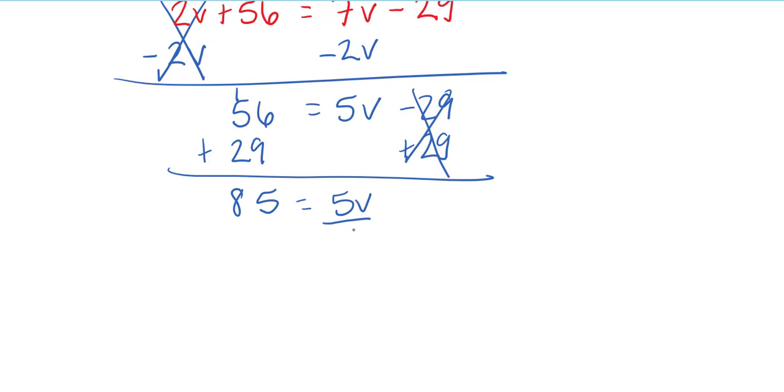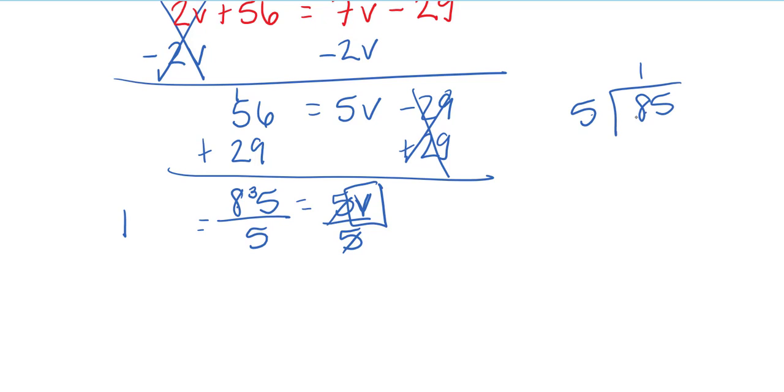And we have 5v. Then let's divide by 5 on both sides. So now we are just left with v. Now, 85 divided by 5. Essentially, I'm doing long division here. 5 can go into 8 one time.